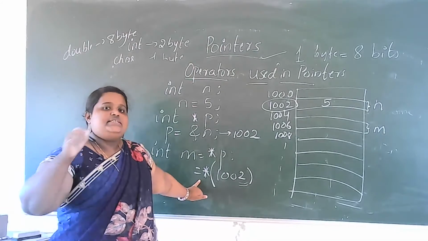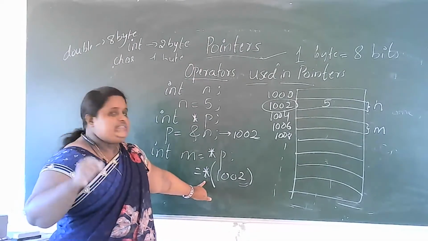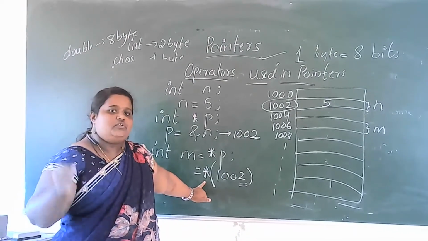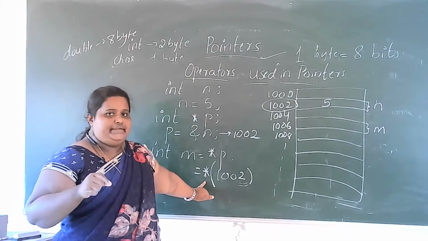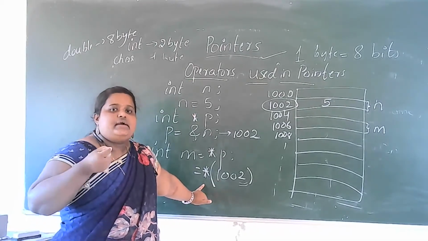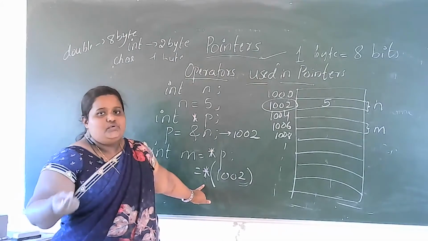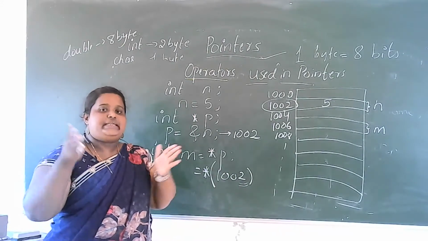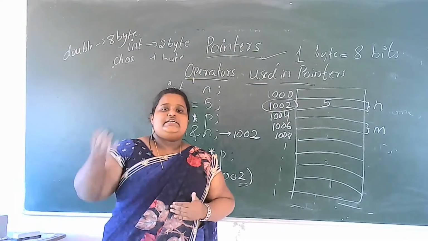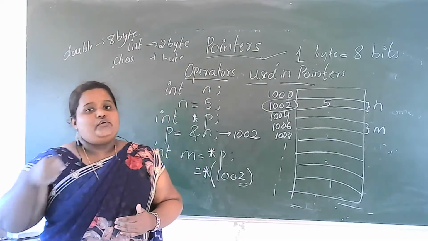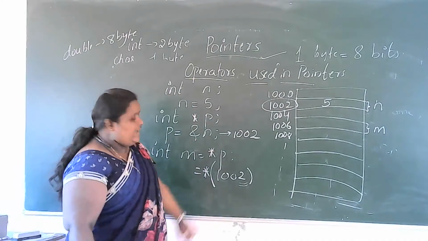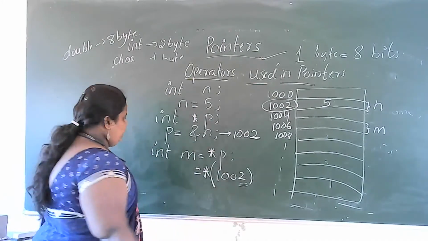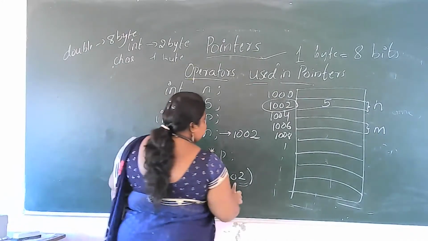Star means it is an indirection operator or pointer operator. It is used to retrieve the value which is stored in a particular memory location. What is the output now?